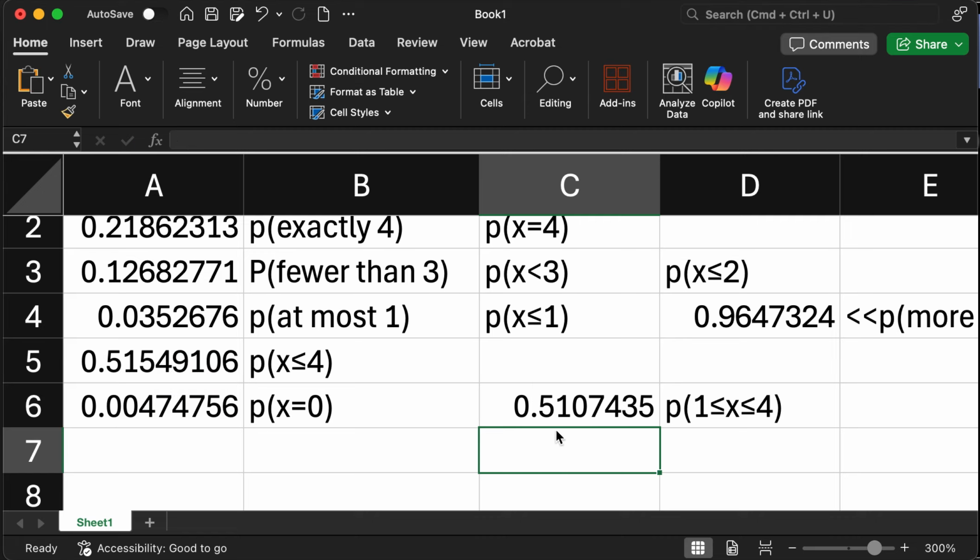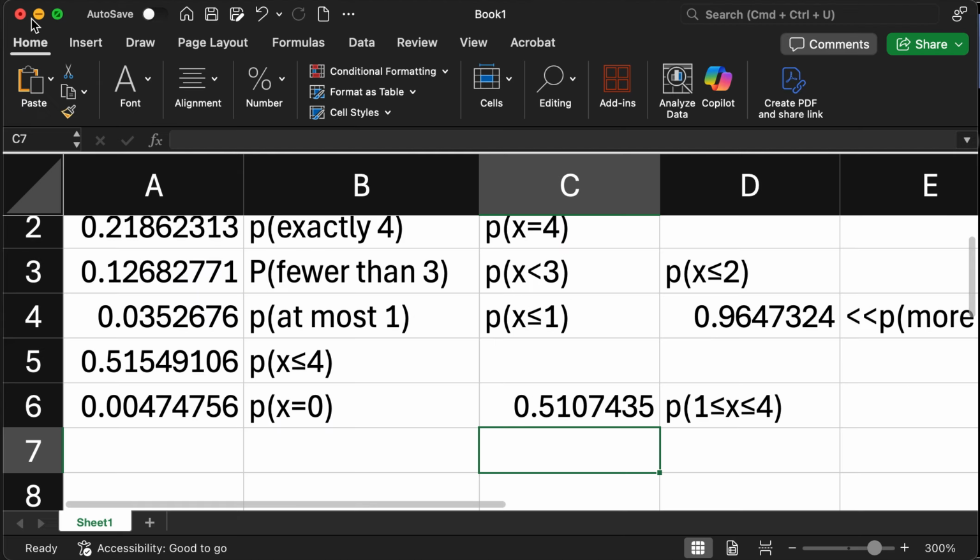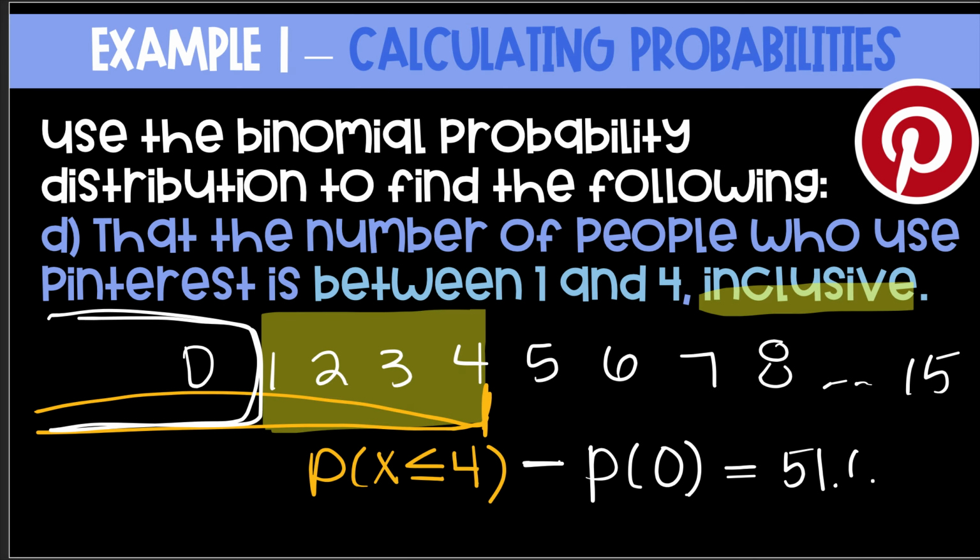That's the probability, 51.07%. I forgot 0.7. And the notation for this one was the probability of x is in between 1 and 4, including 1 and 4.